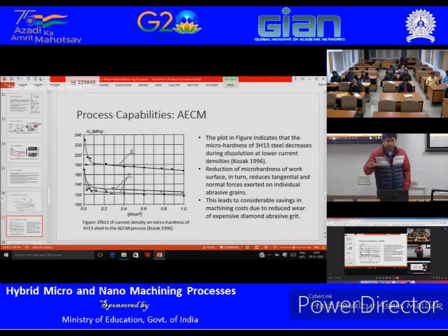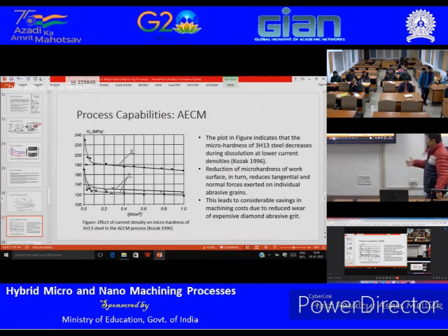For the abrasive assisted EDM process, probably the tool life will be comparatively longer, especially the grinding wheel part. But there are some challenges because electrochemical dissolution is difficult to control. So here, it just shows you the reduction of surface micro hardness when you are using the abrasive ECM process.